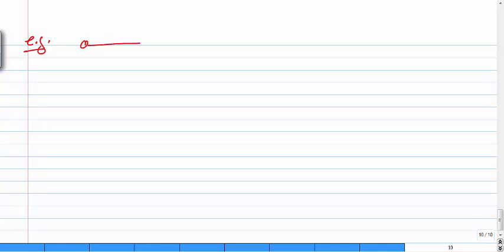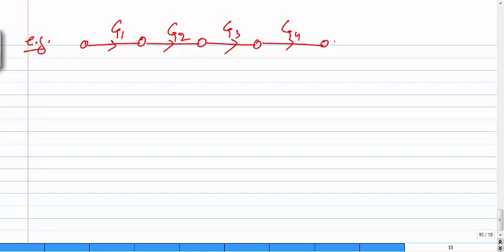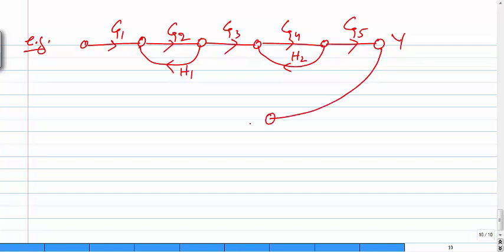The example is that there's a point and it's going in with G1, then we have G2, then we have G3 and G4, then we have G5, then we have the output here, and then there's a feedback from G4 with H2, then there's a feedback with G2, that is H1, then there's another feedback coming back to another node, and then there's a G7, then there's a feedback with H4, then there's a feedback.